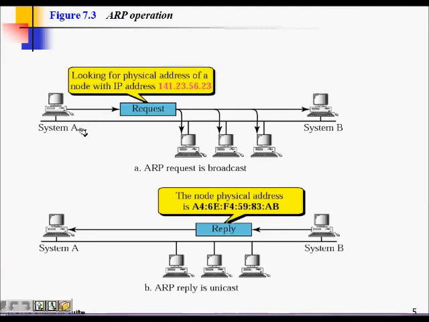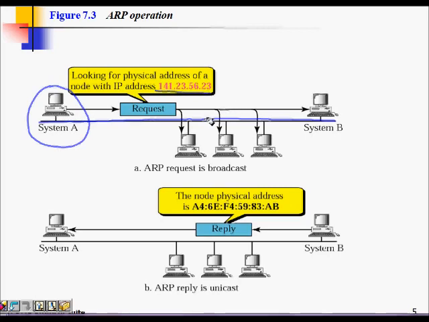Let's try to see it with one very good example. There is a system A and this is a LAN. System A wants to know the MAC address of system B, which has IP address 141.23.56.23.